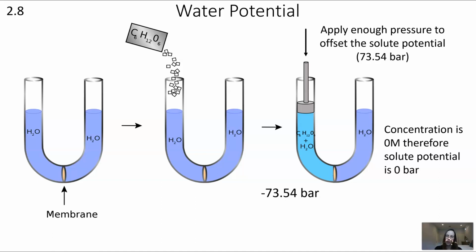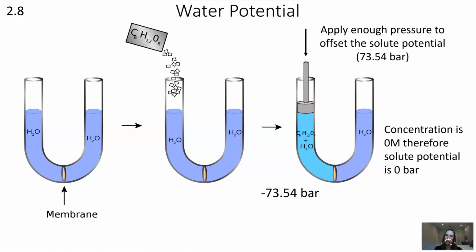So if you push with a force of 73.54 bar, which is the opposite equivalent of that solute potential, your water levels will become equal again. Remember how I said that there are 2 main things that affect where water flows, solute and pressure. So here you can see both factors at play. The solute is trying to push the water to the left, but the plunger is pushing the water to the right.